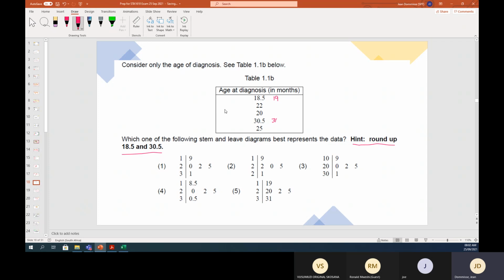Okay, and then we need to look at the stem and leaf. So remember, for stem and leaf, again, we need to sort your data first, from smallest to biggest. So 19 is your smallest number, then it is 20, then 22, 25, and 51.